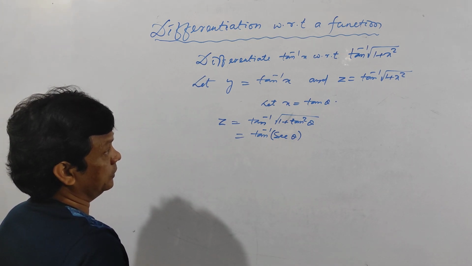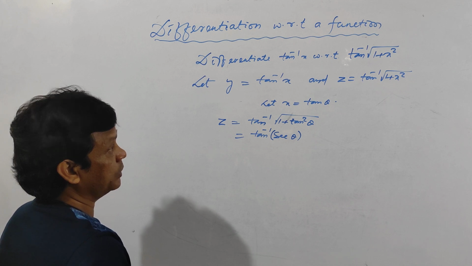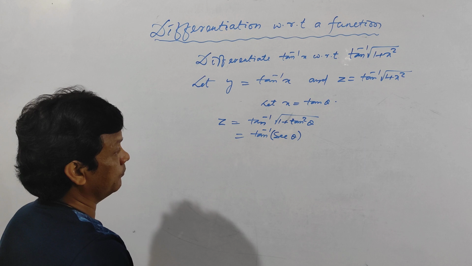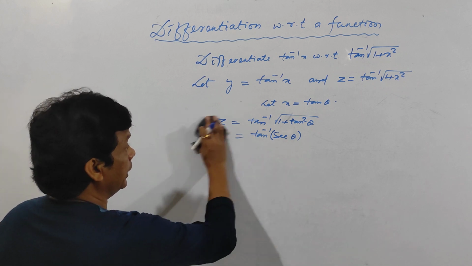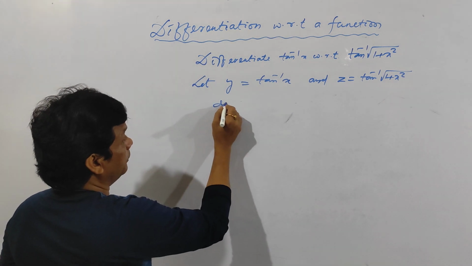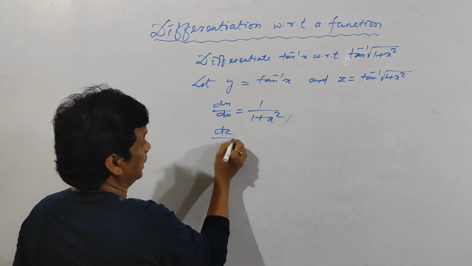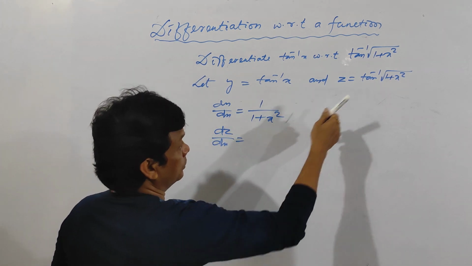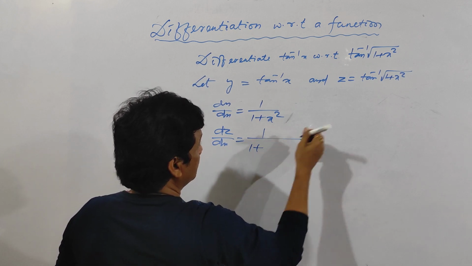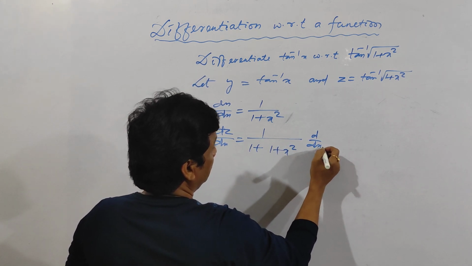It will be better if you do not take this substitution, because you can do it without substitution also. See here, I am doing it directly without substitution. So dy by dx is 1 by 1 plus x square, and dz by dx is tan inverse u, 1 by 1 plus u square, which is 1 plus x square into the derivative of root over 1 plus x square.